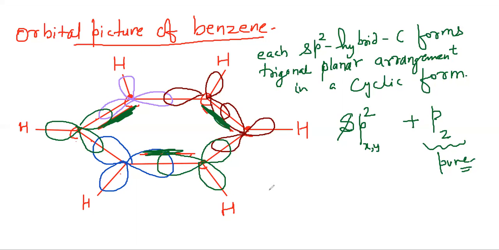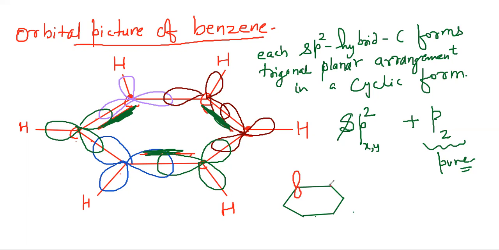How? Like this. Now the sigma skeleton is understood, so I can only draw the skeleton here. Now above and below the plane, there is a pz orbital.